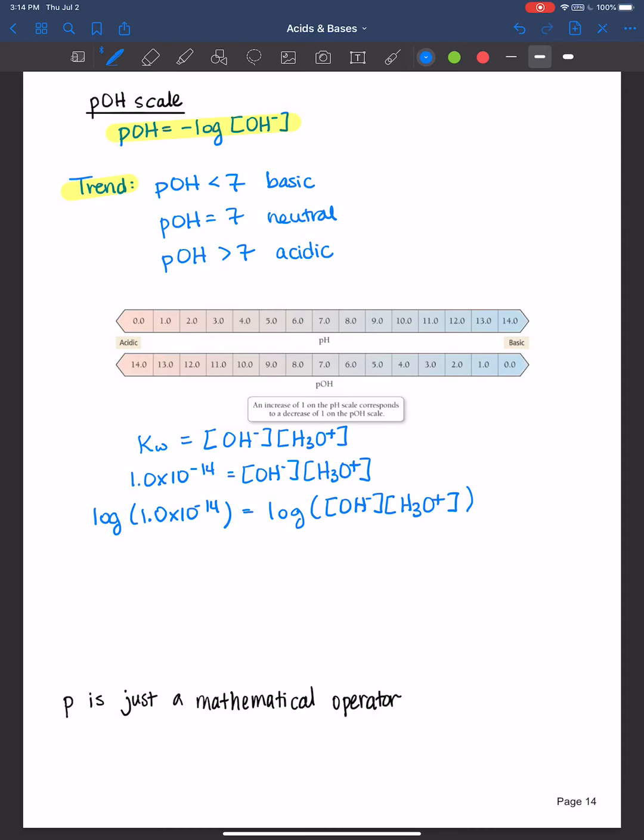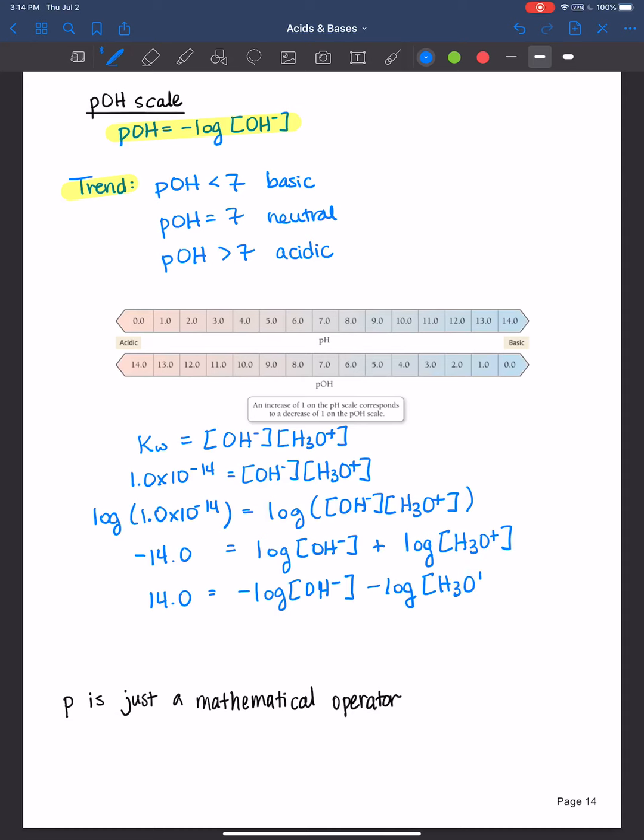The log of 1 times 10 to the negative 14th is negative 14. I'm going to split these two up, so when you have something that's multiplied, you can add both of them together and take the log. I'm going to multiply this by a negative 1 all the way through. And then 14 is equal to pOH plus pH.